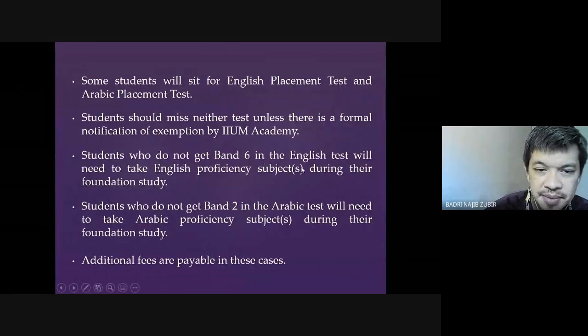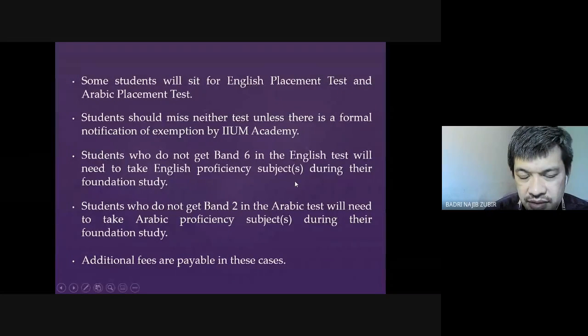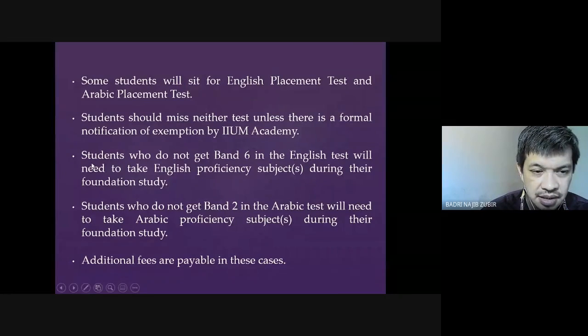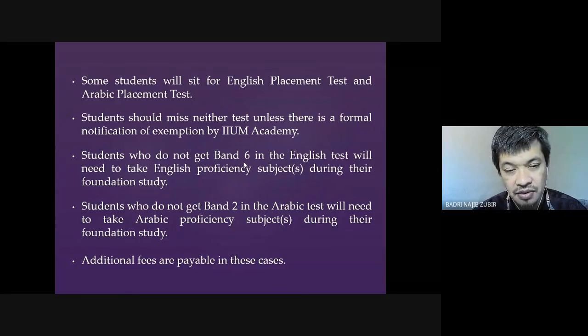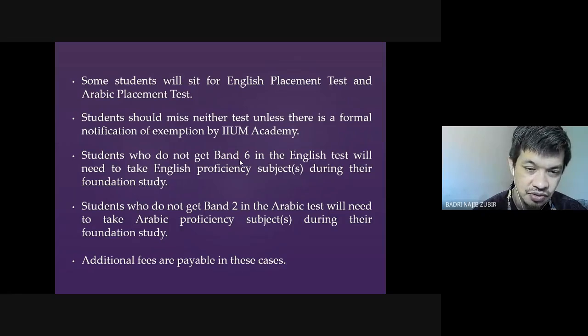All right, what is the implication of taking the exam? If after you take the exam, you don't achieve band 6, what will happen? Is the university going to say to you that you are not qualified, go home? No, the answer is no. We just want to know who achieved band 6 so that there is no more English in your foundation study.